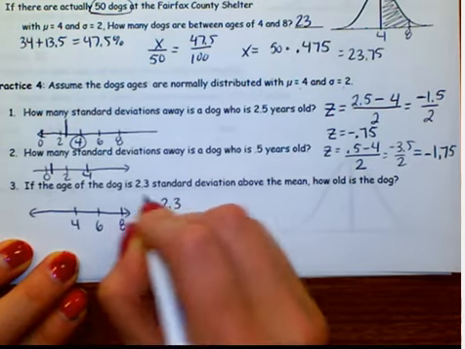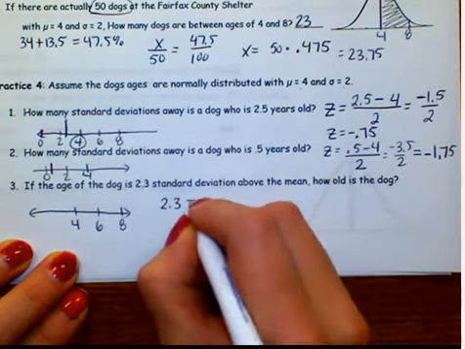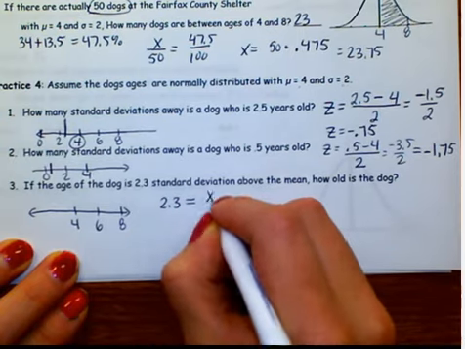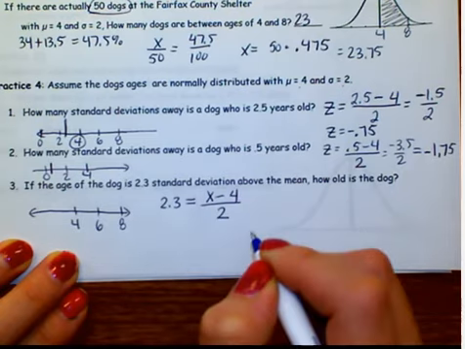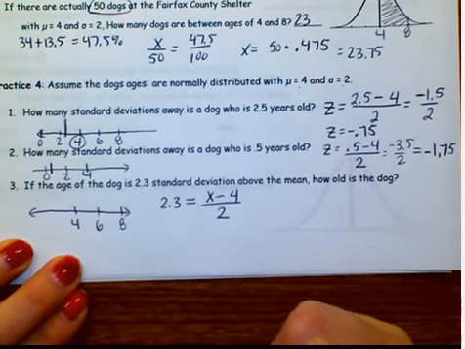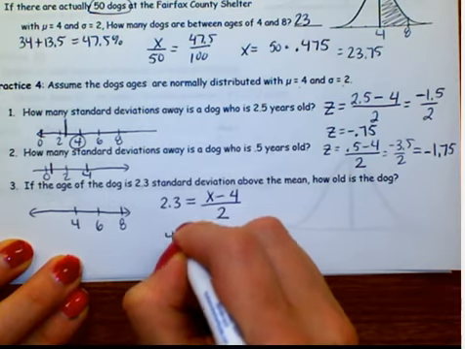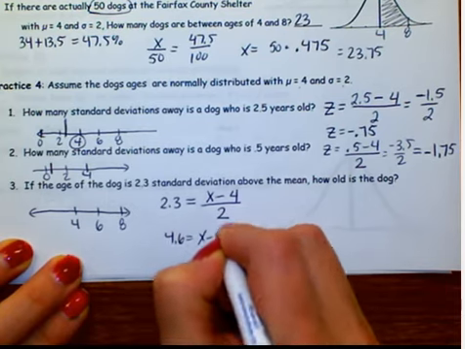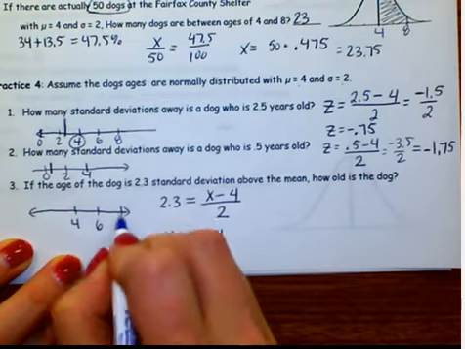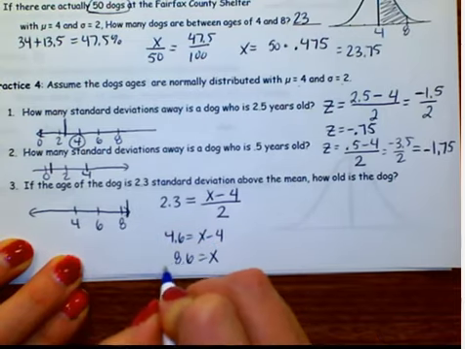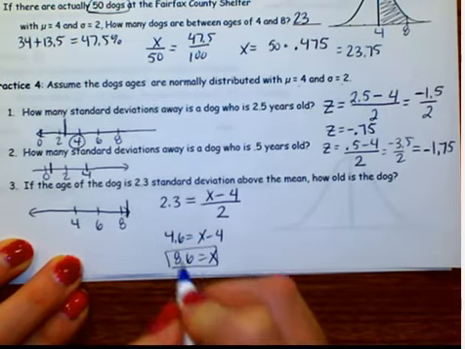Exactly, 2.3 standard deviations above the mean. The data point is unknown. And solve for x. As we expected, our data point is slightly more than 8.